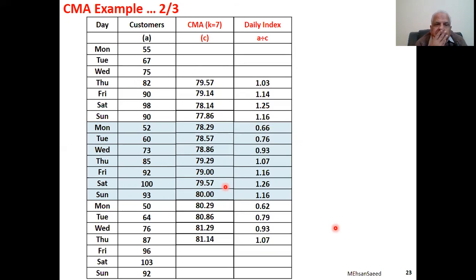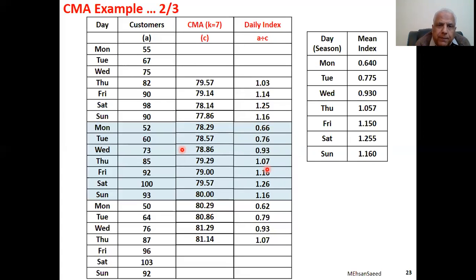The point is, for Thursday, we have 3 indexes, 1, 2, and 3. For the rest, we have 2. That means we can find the mean average for each day. For Monday, it comes to 0.64. For Thursday, 1.05. For Saturday, 1.255.